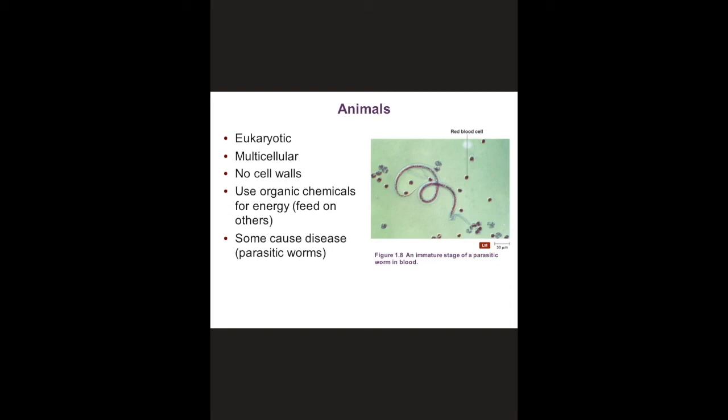And of course, some animals cause disease. In particular, parasitic worms, things like roundworms and tapeworms and pinworms. And we'll talk about those in lab towards the end of the course. So that sums up the groups of life that you might see that we'll be discussing in microbiology.